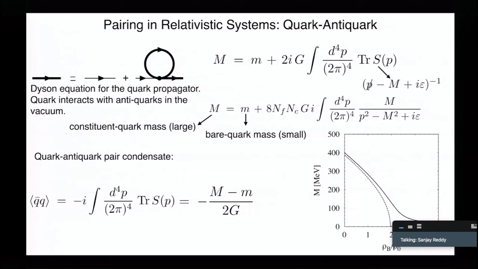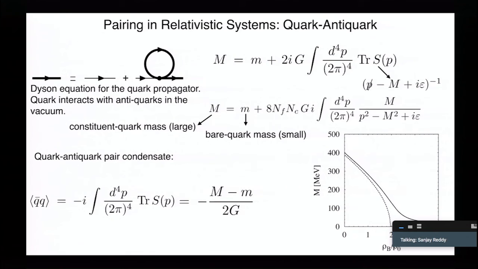Okay. So in a relativistic system, there are two types of pairing that can occur. So now coming back to quarks, you can have quarks that pair with antiquarks because of interactions. So if you take the Nambu-Jona-Lasinio model, you will find that the quark-antiquark interactions can be accounted for by just calculating the free quark propagator in the presence of other quarks in the system and other antiquarks in the system.